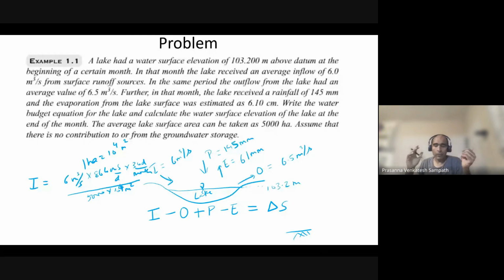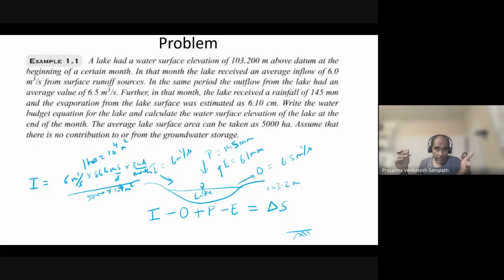You bring in two bottles of water, and then you drink half of it, or you wash your clothes. How much water you're using up, how much you are drinking, how much you're using for cooking, whatever it is. Of course, in the hostel somebody else is doing your cooking, but anyway. So I can do this water budget analysis for any domain. I can fix the boundaries of the domain, and as long as I know how much water is entering or leaving through those boundaries, I can do this water budget analysis for any system.